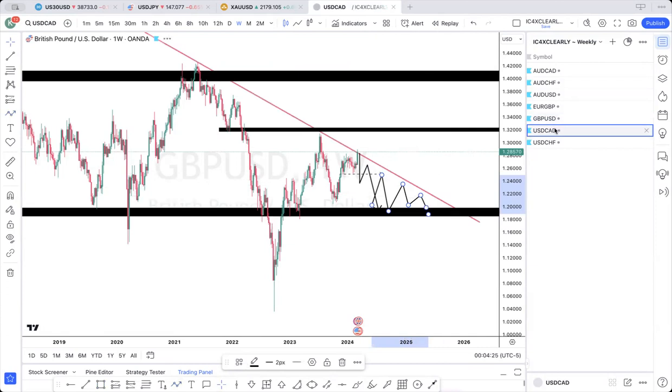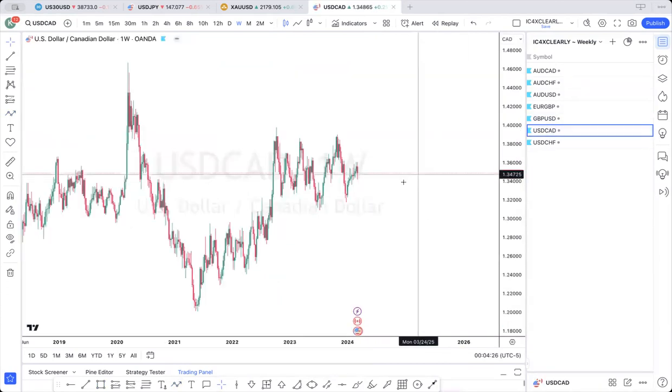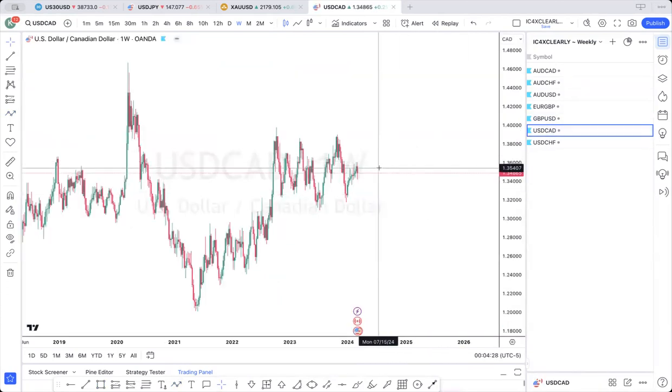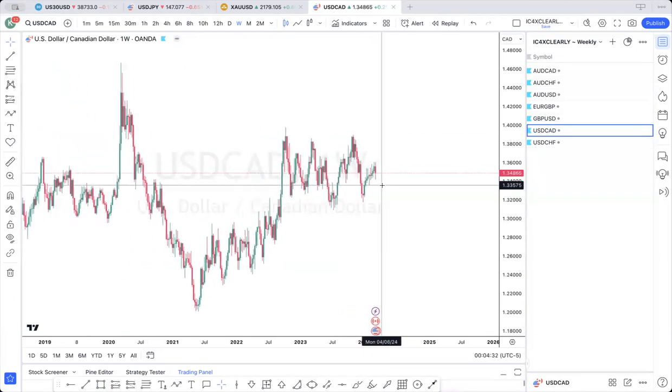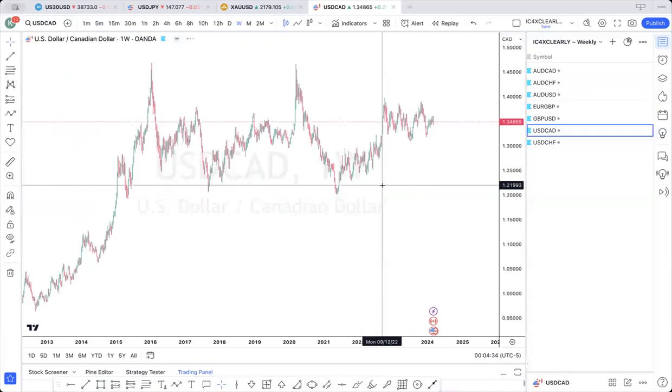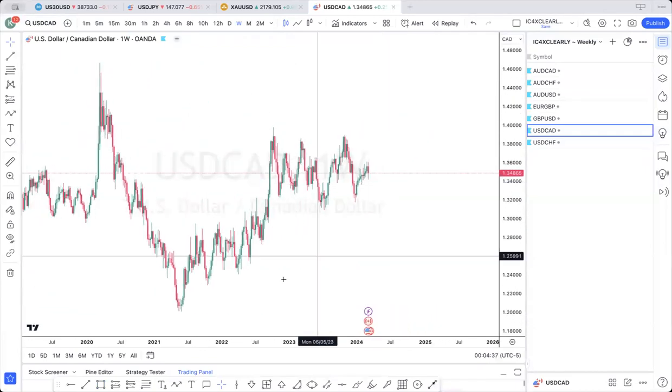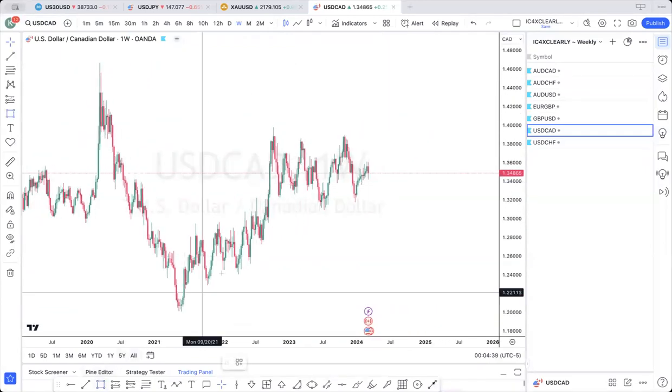Okay. USD CAD. We have a weekly bearish order block.